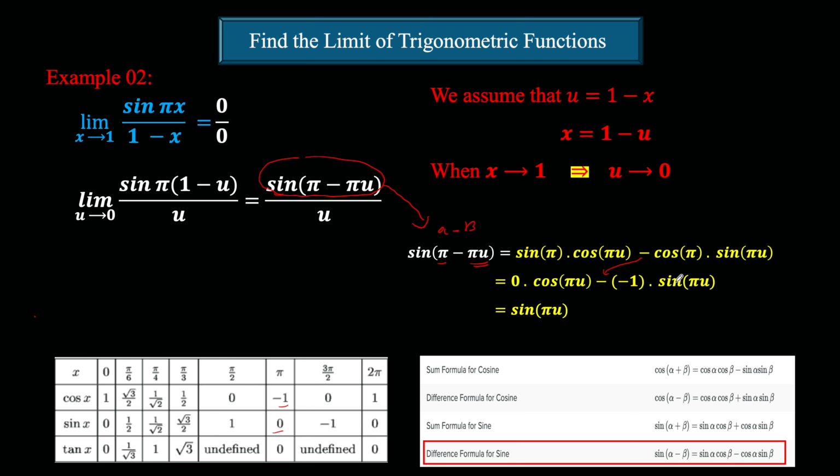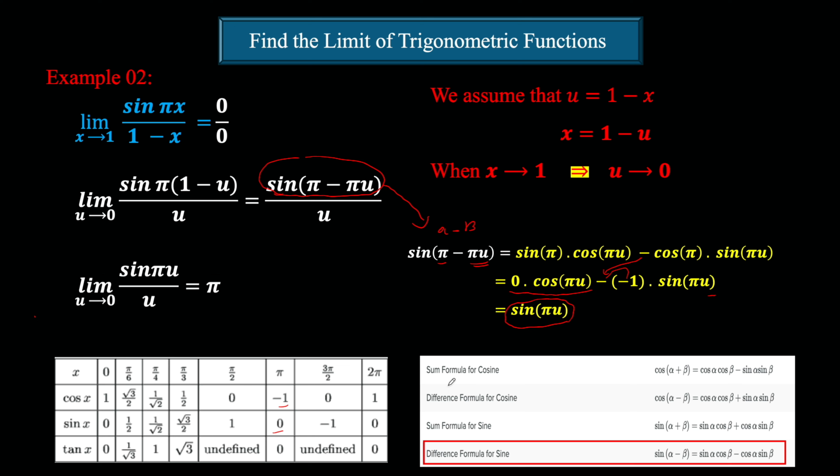So we put minus 1 multiplied by sine of pu, we didn't touch this one. So 0 multiplied by cosine pu will become 0. And minus multiplied by minus 1 is 1. And 1 multiplied by sine pu. So finally we have sine pu, okay?